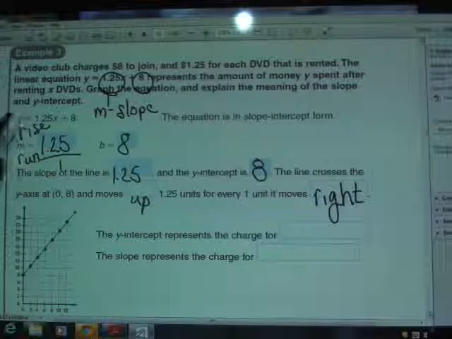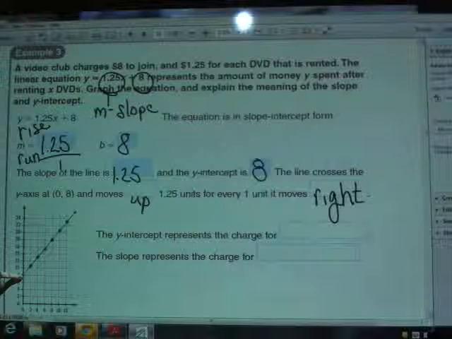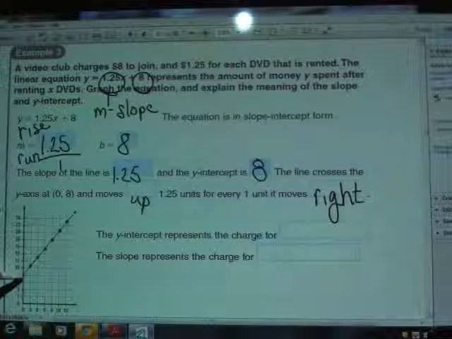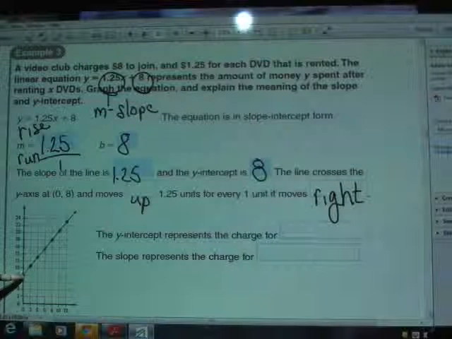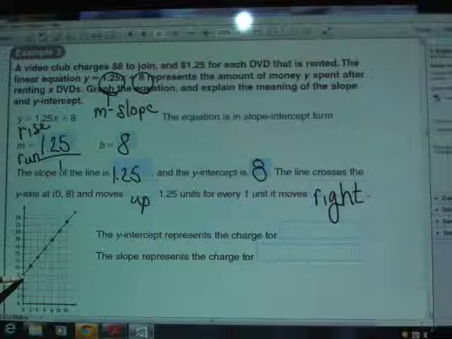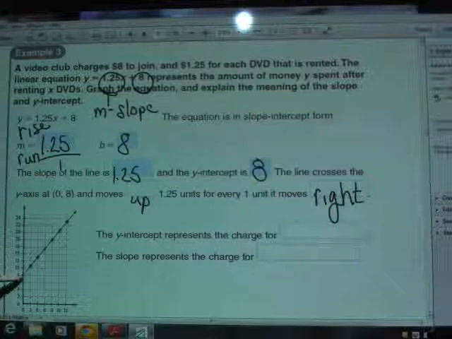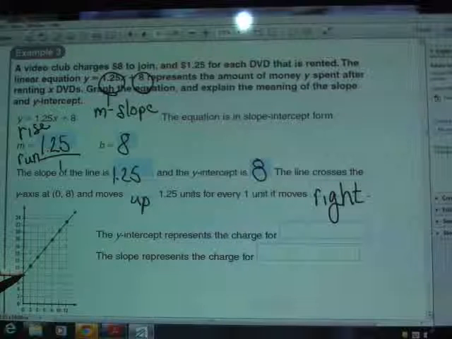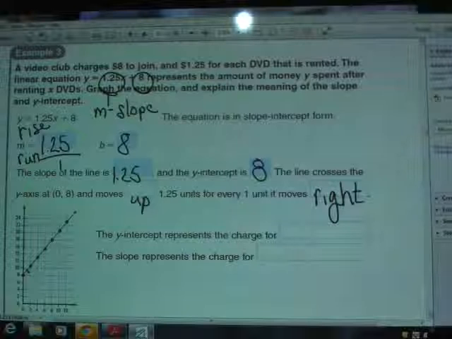How do we do that? Well, that's really simple. From this point you already made, that's where you're going to start rising and running. So we already plotted 8, which is right on this line. Now I'm going to rise 1.25 units and run 1 unit. So from this point I'm going to go up 1.25 and go to the right 1. So from here, if I go up from 8 by 1.25, that's going to be 9.25 and over 1, which is actually this point here.